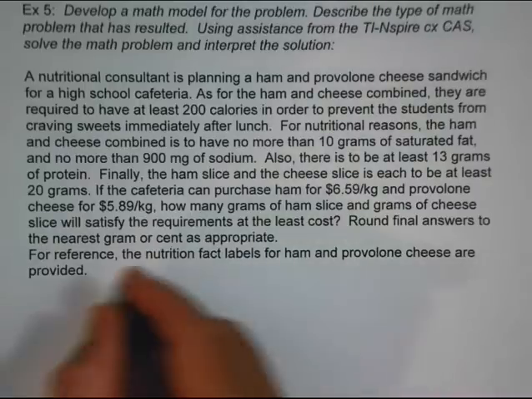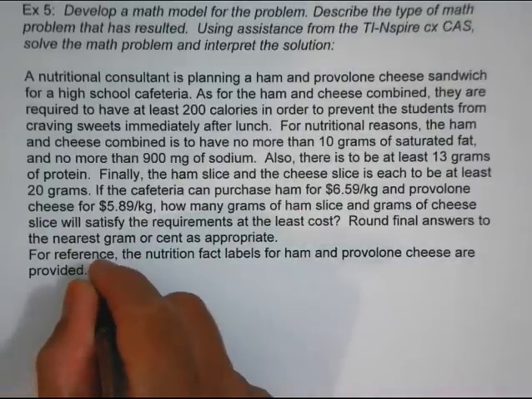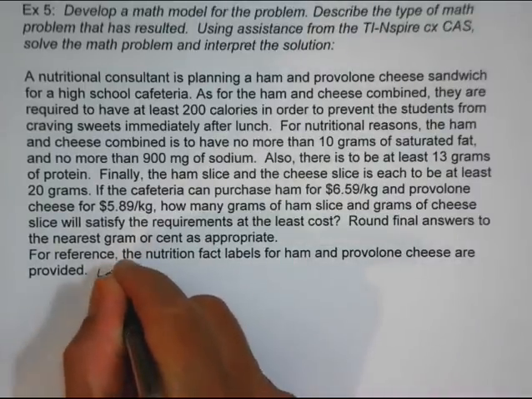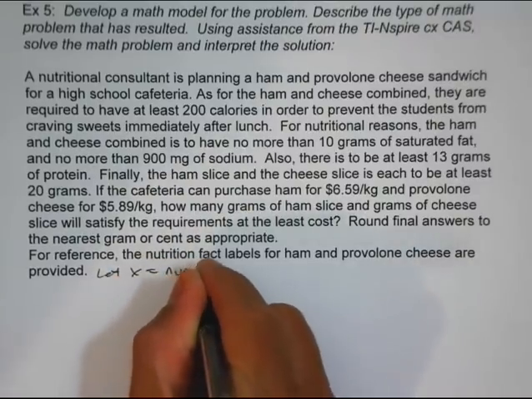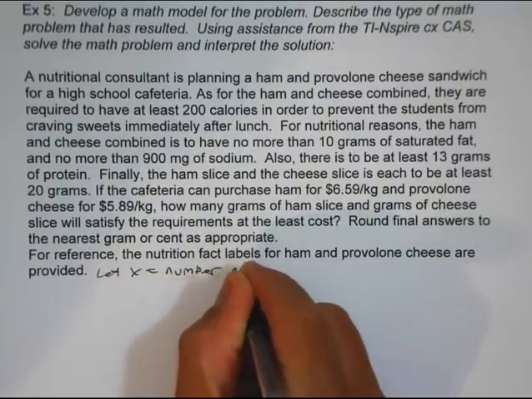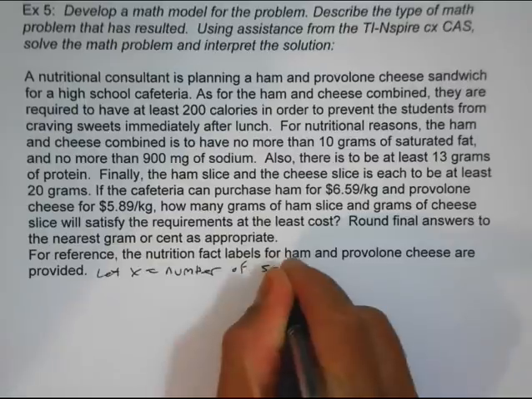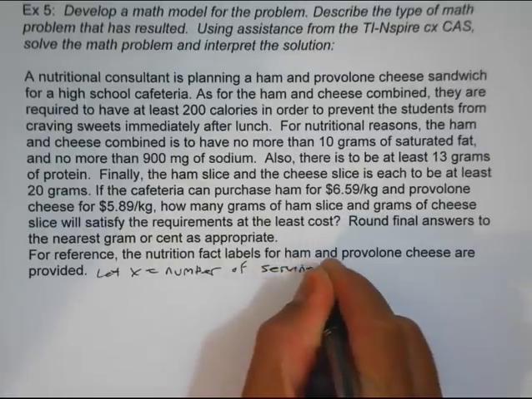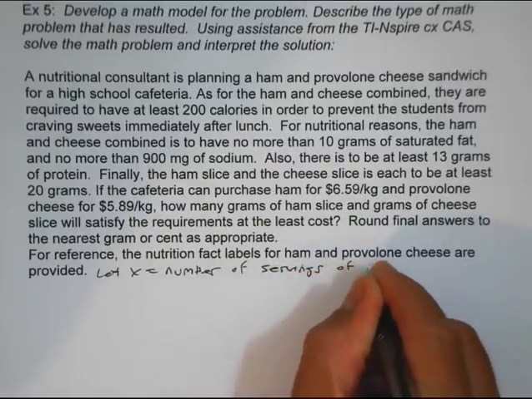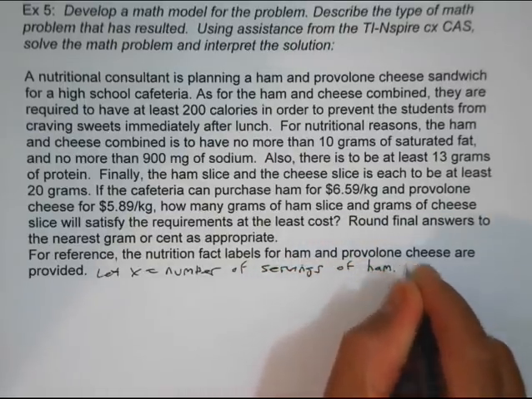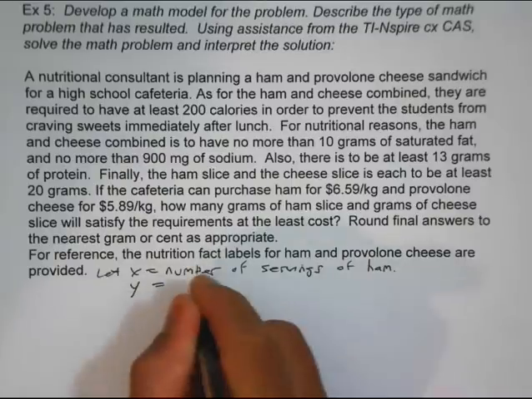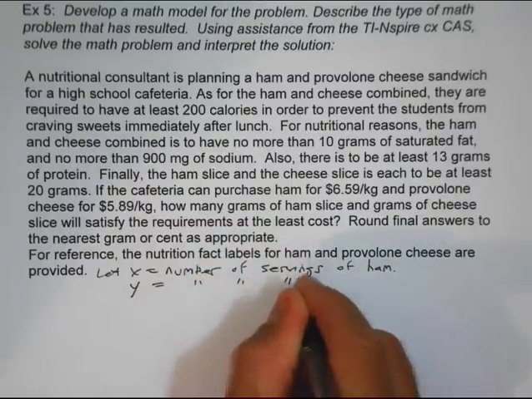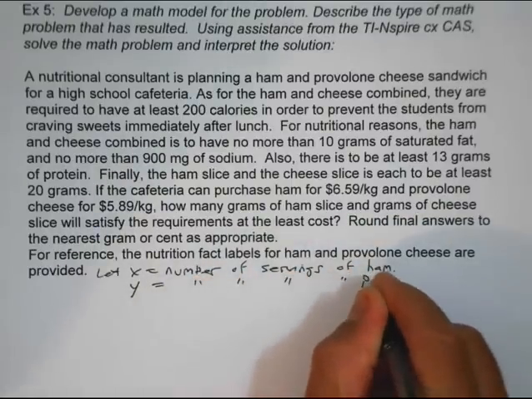In other words, let x equal the number of servings of ham. Similarly, we let y equal the number of servings of provolone cheese.